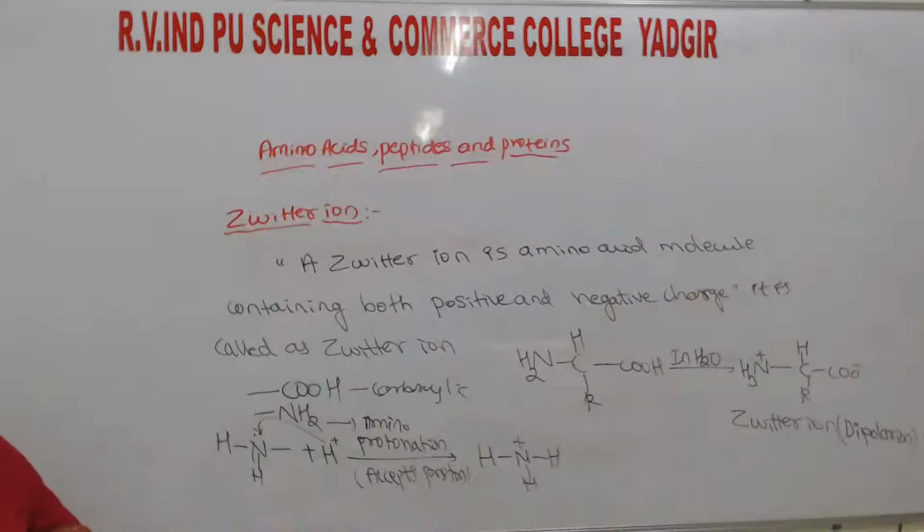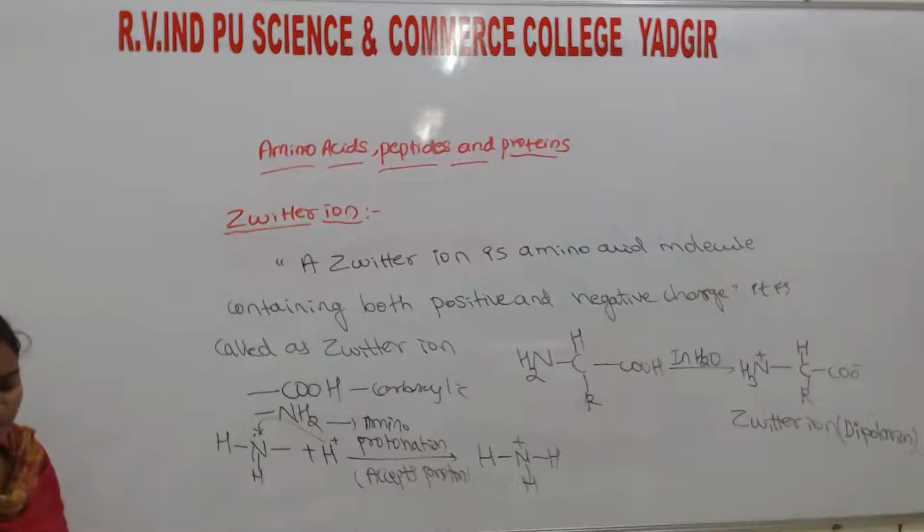The neutral form of amino acid is known as the Zwitter ion, and it is electrically neutral. Therefore amino acids are considered amphoteric, acting as both acid and base, because of the presence of positive and negative charges.